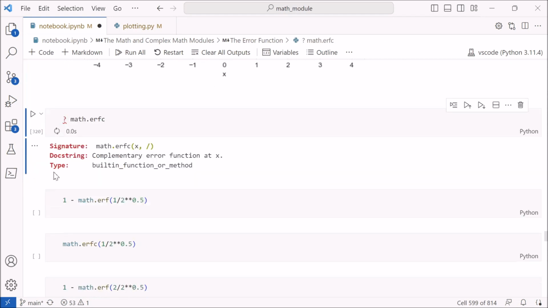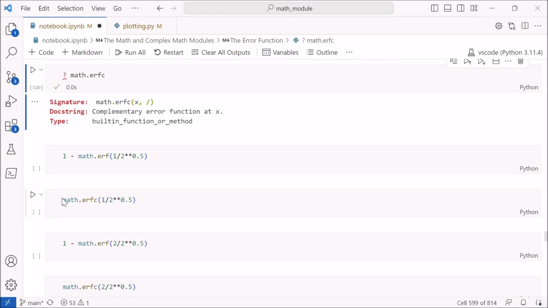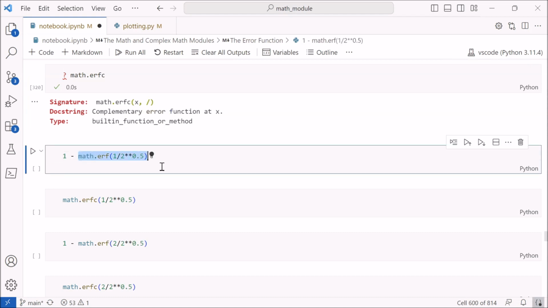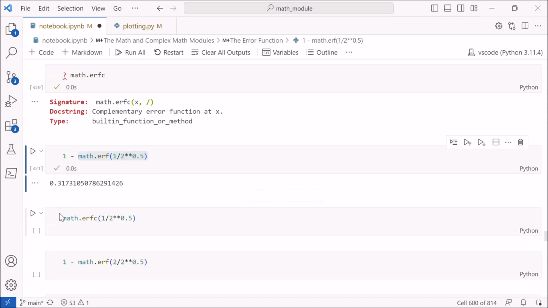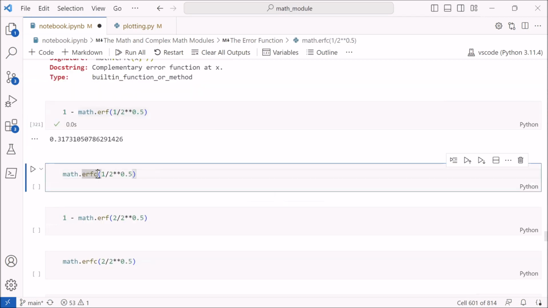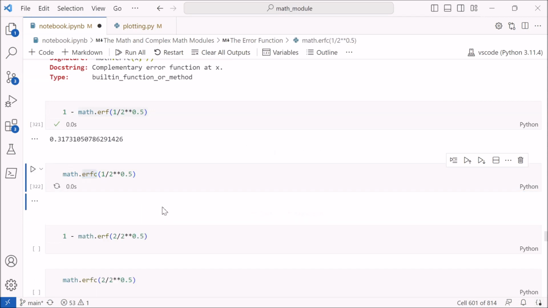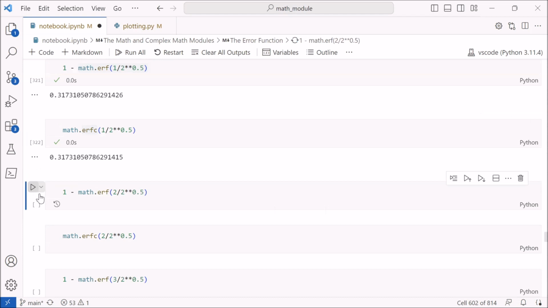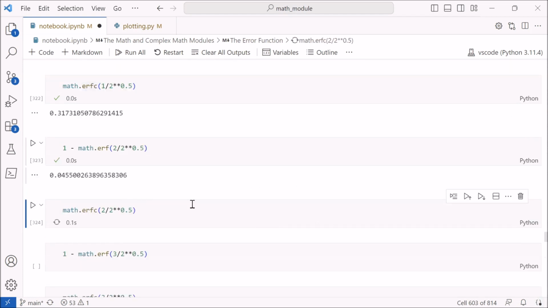So we can have a look at its docstring, and we can just see that it's related. 1 minus the normal error function will give this, and the complementary error function gives this. So we can see that they're simply related to one another.